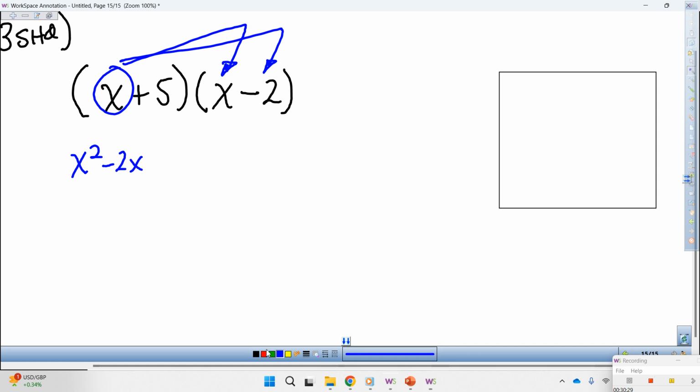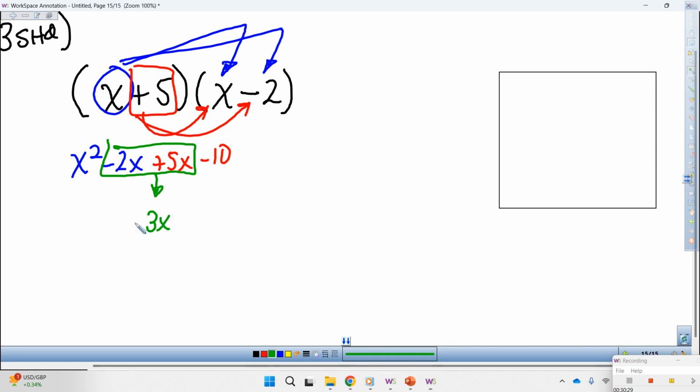Negative 2x, okay? Now I'm going with the second term. And if you got it right there, all right. And then what do we do from there? And that gives you, and then just bring down the x squared and negative 10. And if you got that, all right.